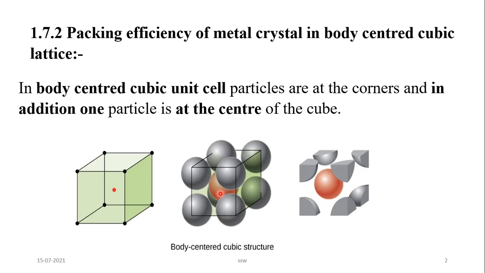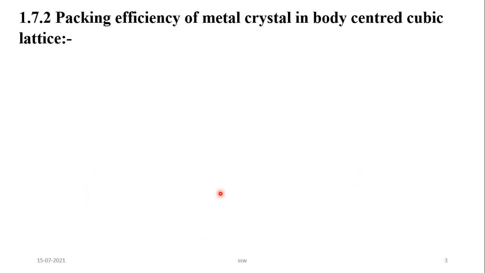Now while calculating the packing efficiency of a metal crystal in body-centered cubic lattice, there are 4 steps. First, we have to calculate the radius of the sphere. Second, we have to calculate the volume of the sphere.